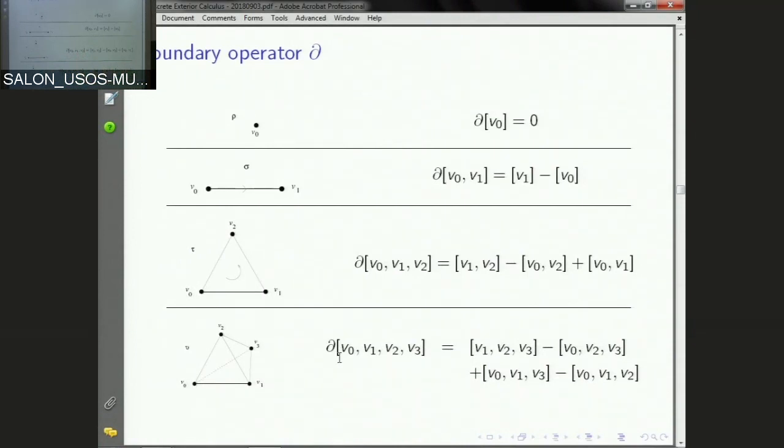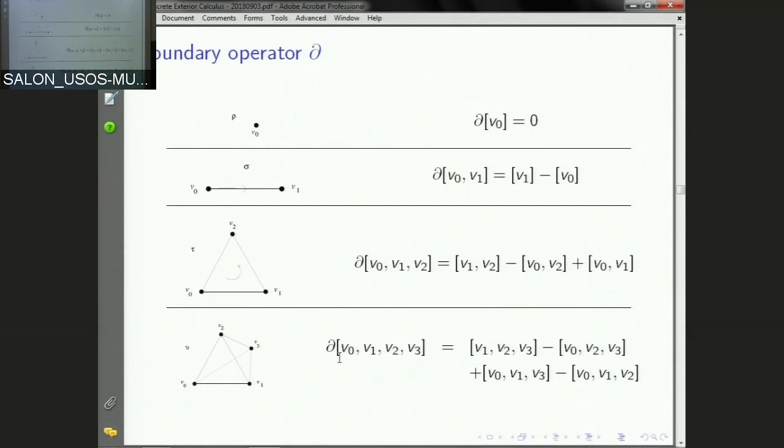Okay? So, if I ask, what is the boundary of that triangle, or that simplex? And you will tell me, well, it is this side, and this side, and this side. Well, in mathematics, or in topology, we don't just list them. We actually write it this way.